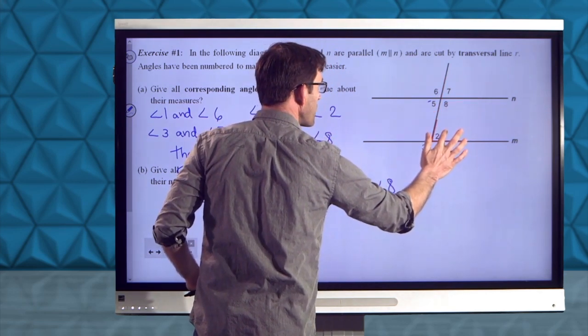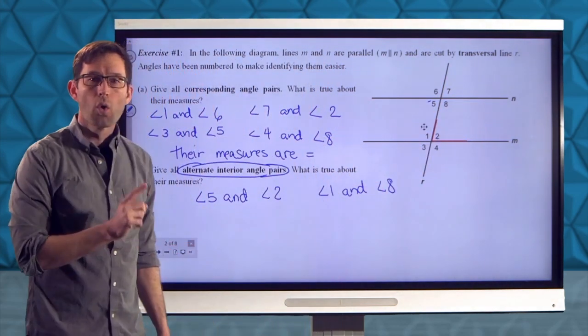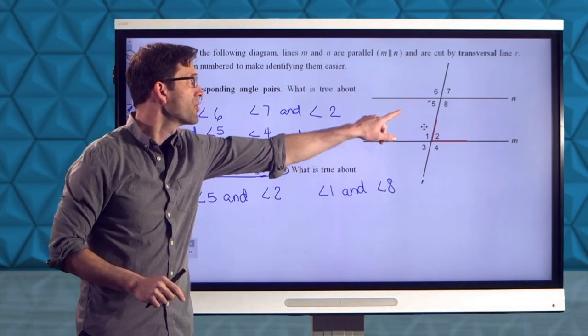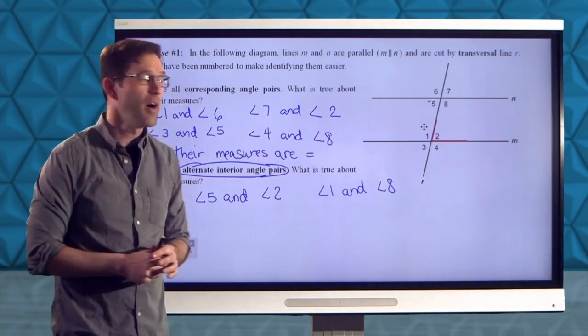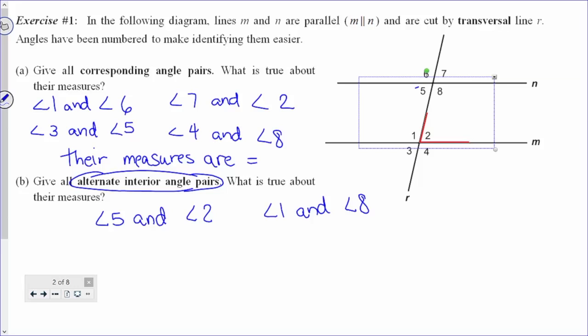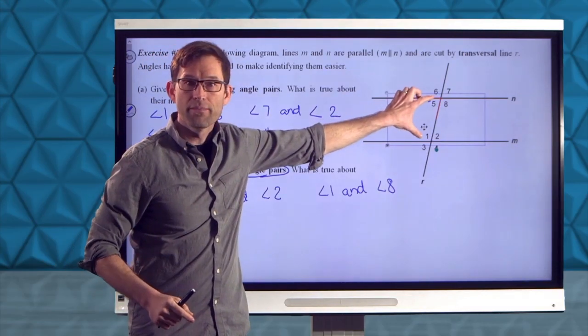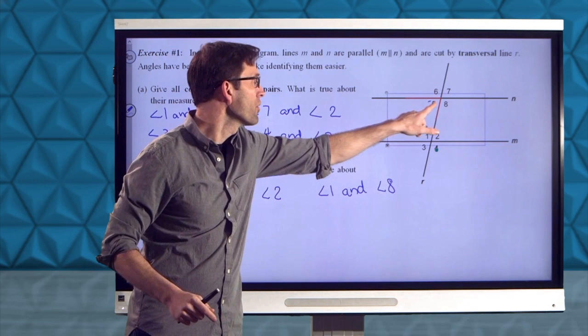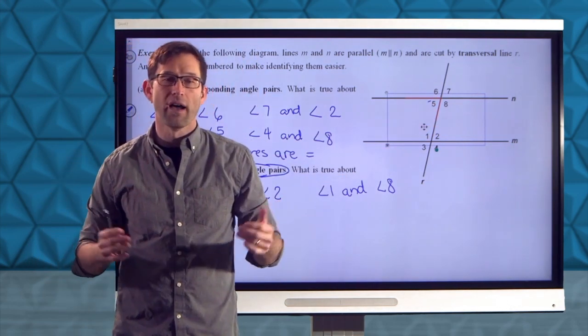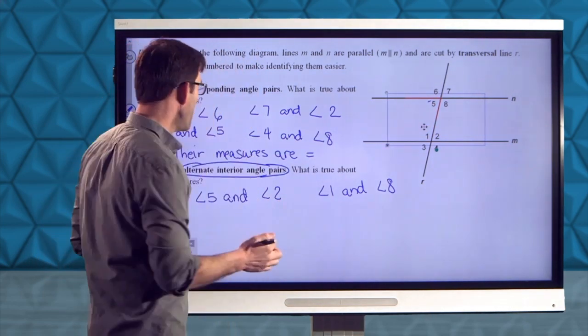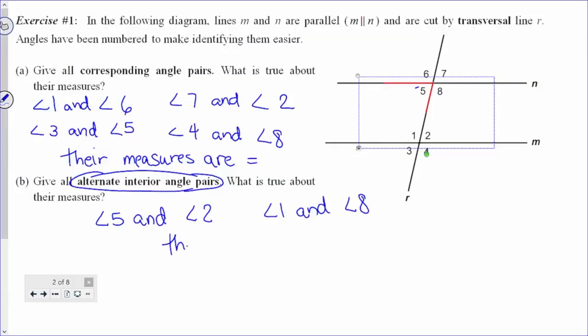Well, let's take a look again at angle 2. Remember, angle 2 is alternate interior with angle 5. And if I take angle 2 and I rotate it by 180 degrees about the midpoint of this line segment, then what I see is that it perfectly matches up with angle 5. So yet again, they are congruent, right?